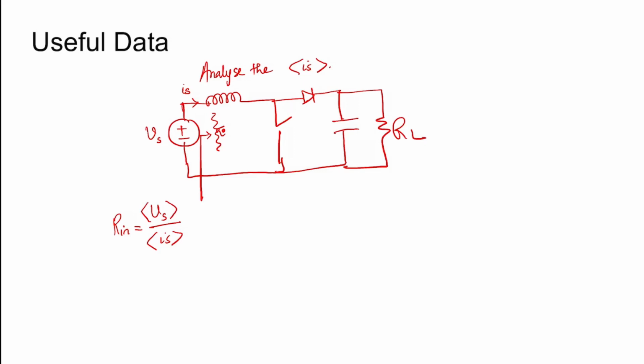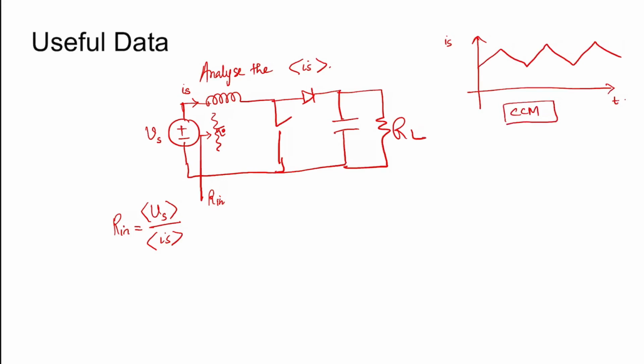Now Rin is being asked, so you need to analyze the source input current waveform like this: Is versus T in continuous conduction mode of operation. That means the amount by which the inductor is charged when the switch is closed by the source is equal to the amount of discharge when the switch is open, and it is releasing the energy to this capacitor and then the load is taking the energy.